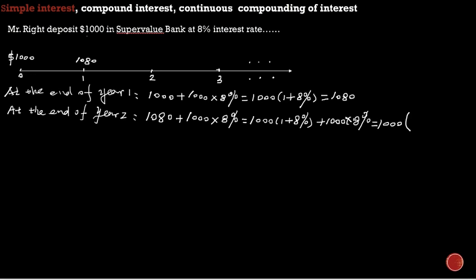We have 1 plus 8% plus another 8%, so we have 1 plus 8% times 2.